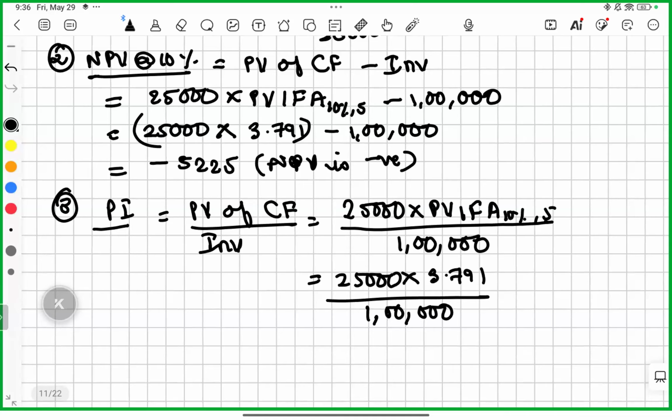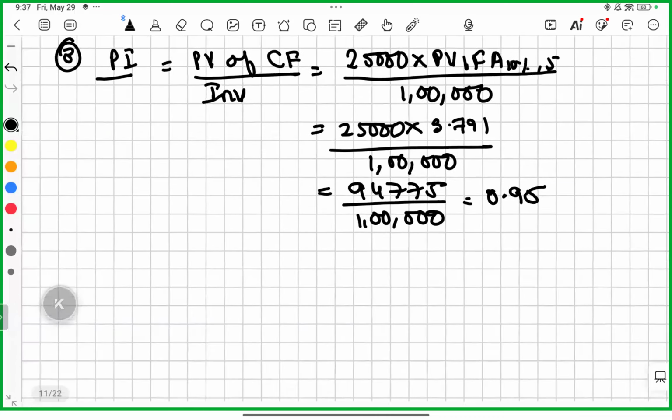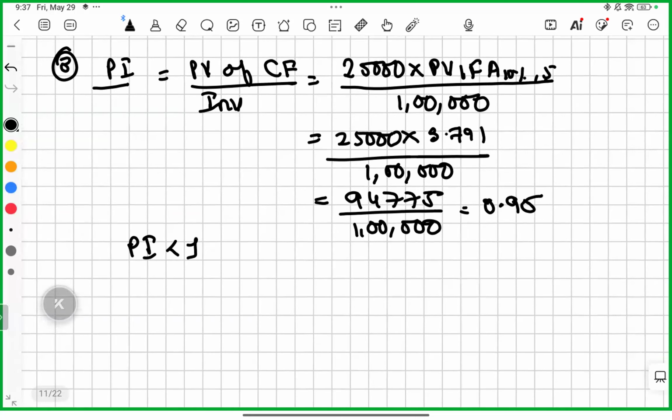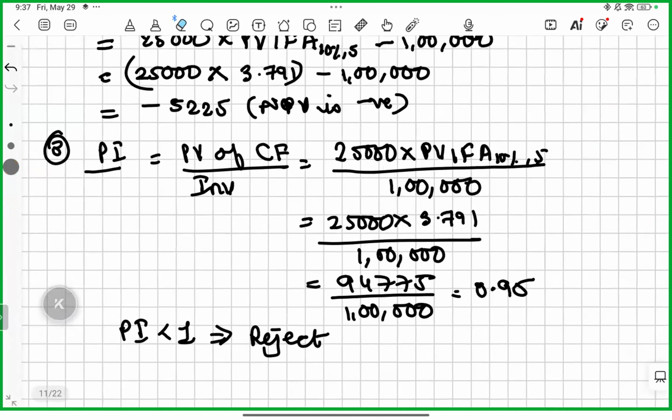Basically, it will be 25,000 into 3.791, that is 94,775 divided by 1 lakh, equal to 0.95. So your PI is less than 1. Reject the project. Note down that when NPV is negative, PI is always less than 1.